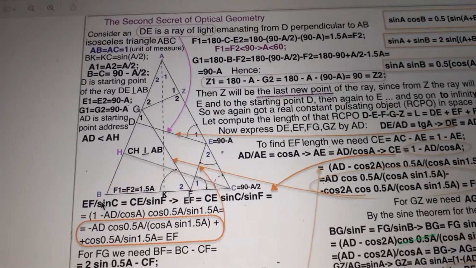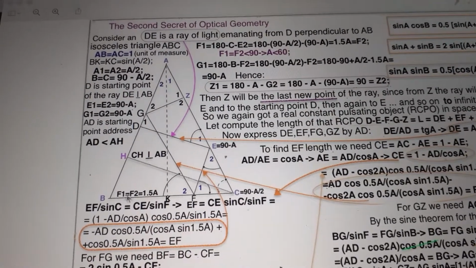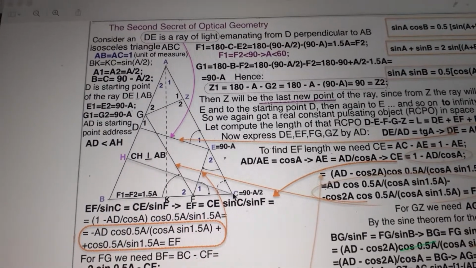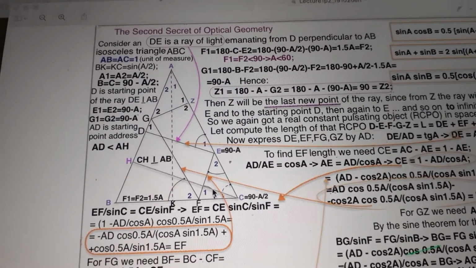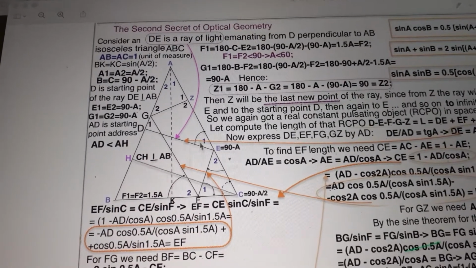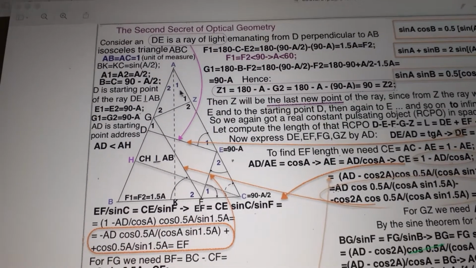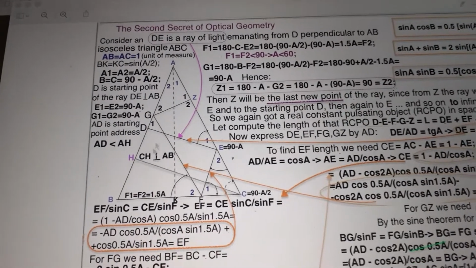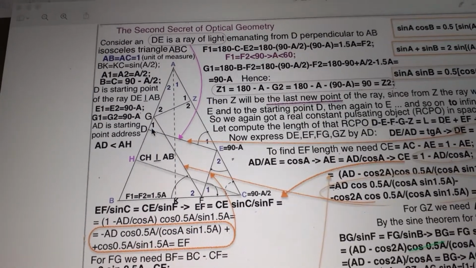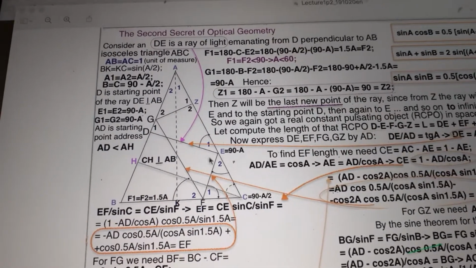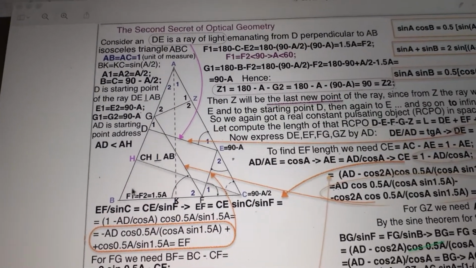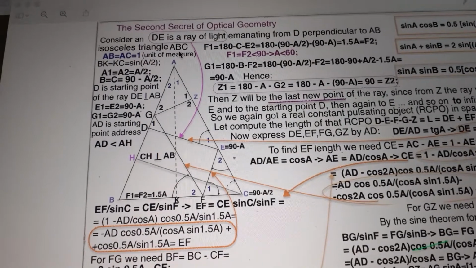Angle B is equal to angle C and equal to 90 degrees minus half of angle A. D is the starting point of the ray DE that is perpendicular to AB.